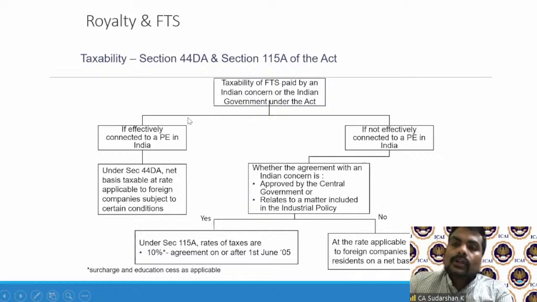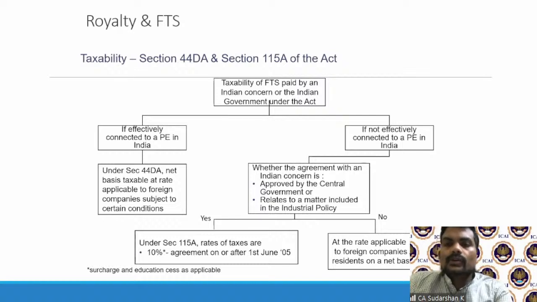Then section 44DA. So the answer to this would be 44DA. 44DA says, look, 9(1)(vii) is applicable only when you do not have a PE. You do services from your home jurisdiction, you don't come to India. In those situations, 9(1)(vii) will apply. But if you have a PE in India, then 44DA will take over because you're effectively doing business in India.